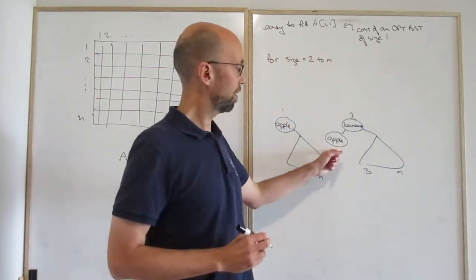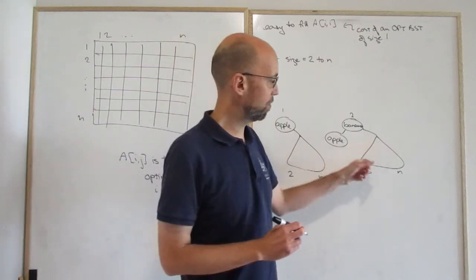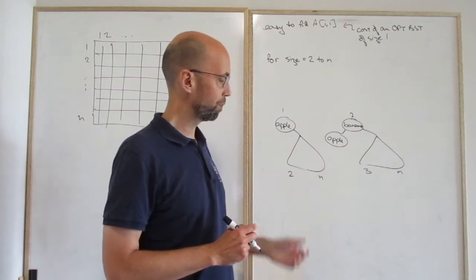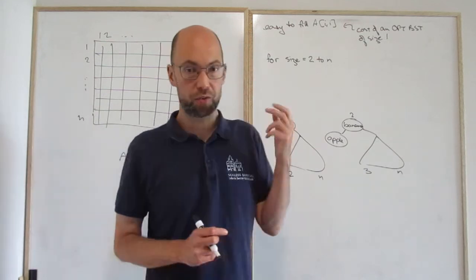This is 1 key, an optimal binary search tree on 1 key, and this is an optimal binary search tree on n minus 2 keys.